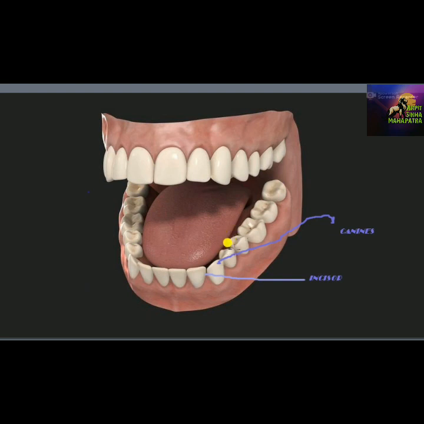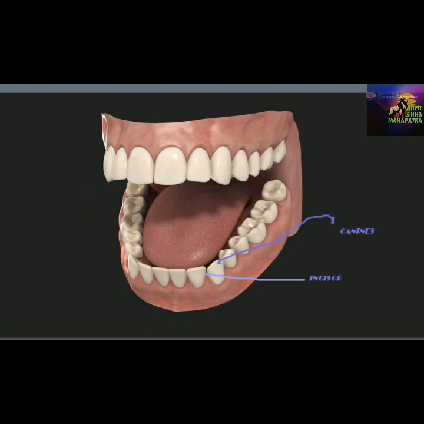These teeth are called the premolars. Each jaw contains 4 premolars, and the total number of premolars is 8.